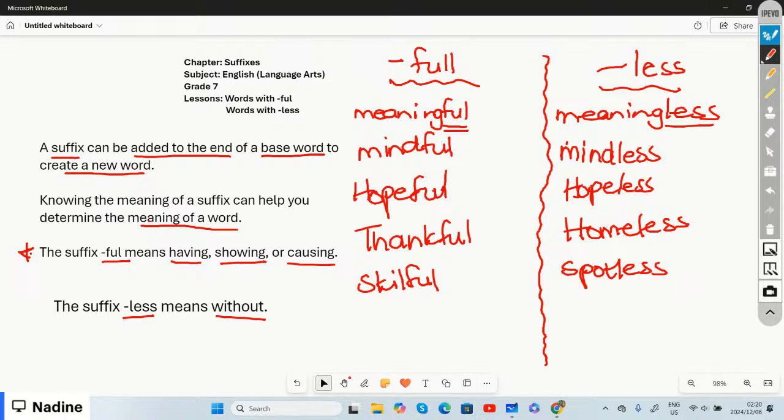Because the base word can mean something, but as soon as we add our suffix to that base word, the meaning changes. In this case with full, the meaning changes to more of a positive type of word, whereas with less, our meaning changes to something more negative.